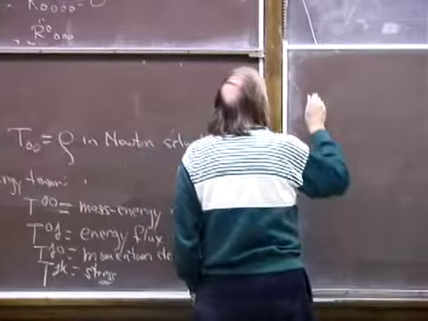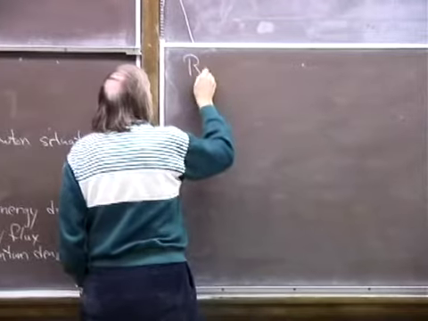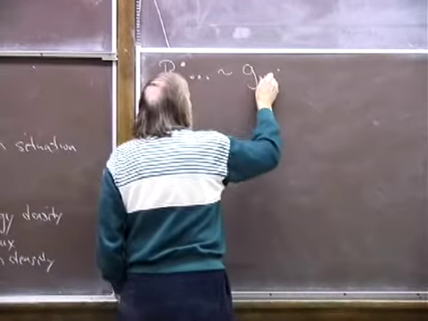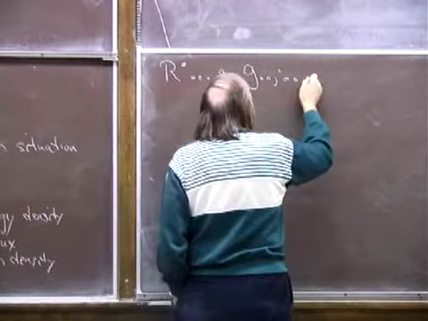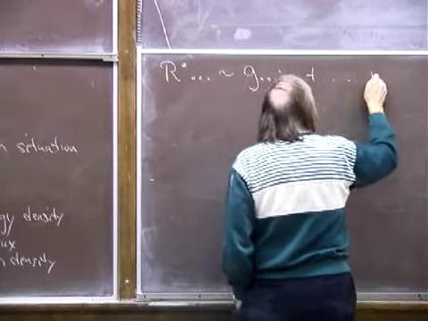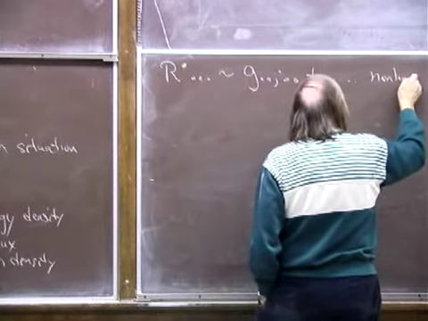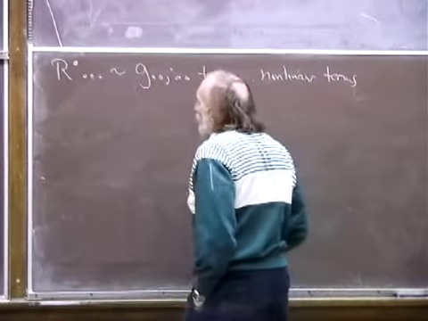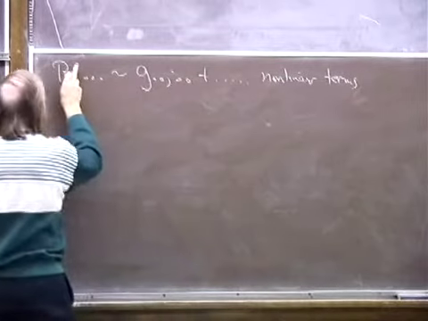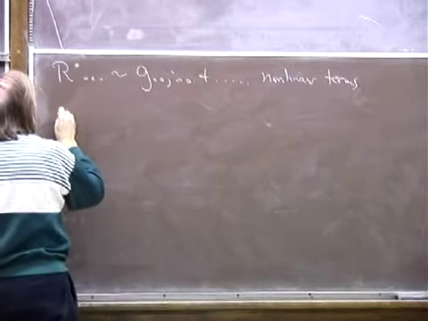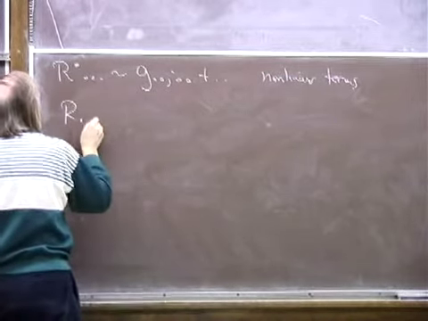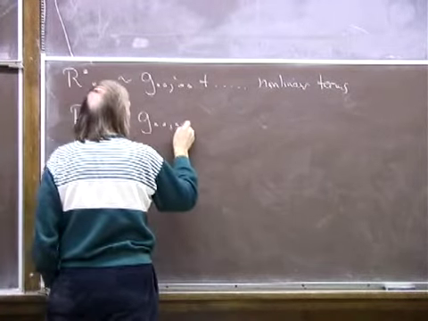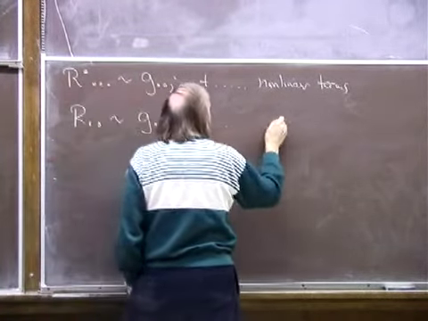Recall that the Riemann tensor looks like a metric with two derivatives on it, plus nonlinear terms. And so when you contract on the first and third slots, you get a Ricci tensor that also has this same property. It's a metric with two derivatives on it, plus nonlinear terms.